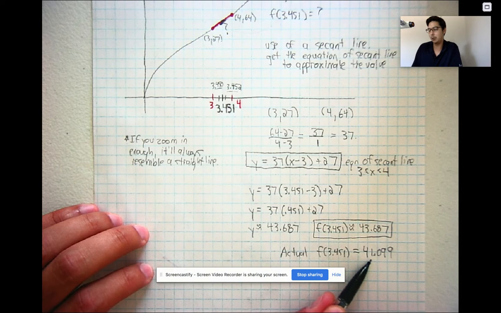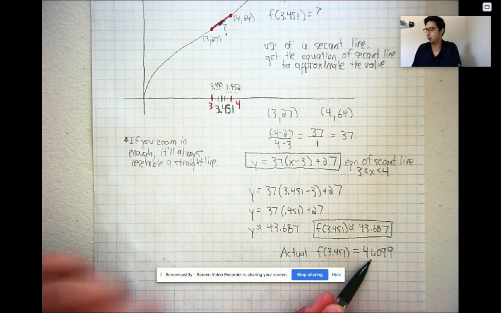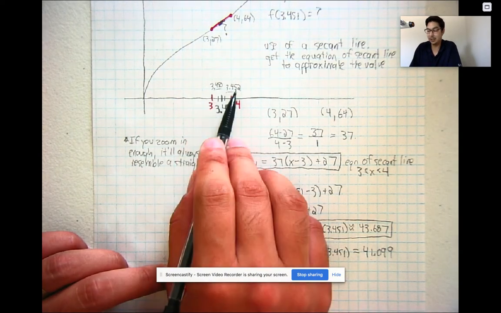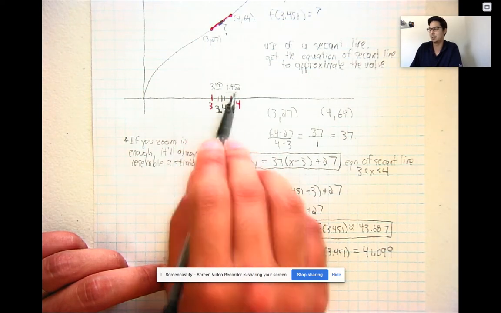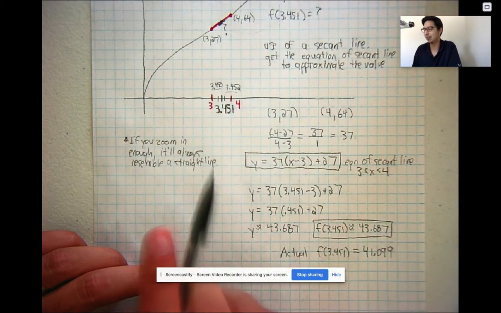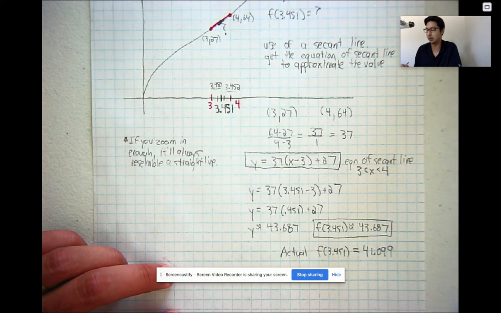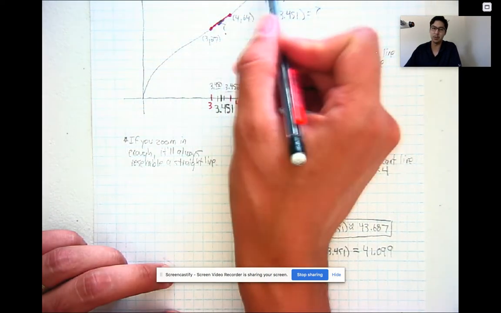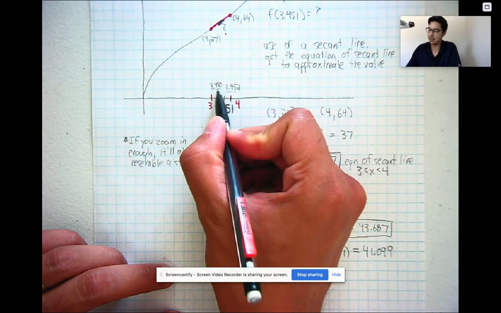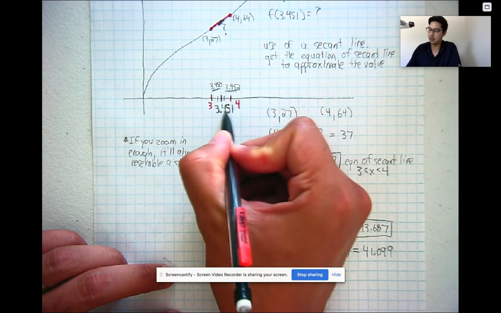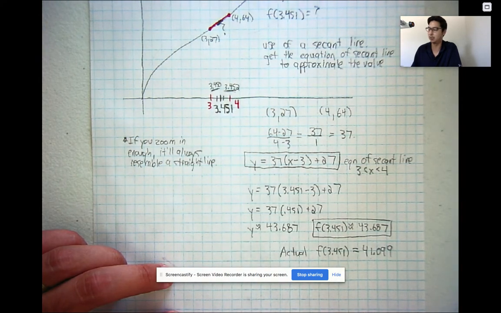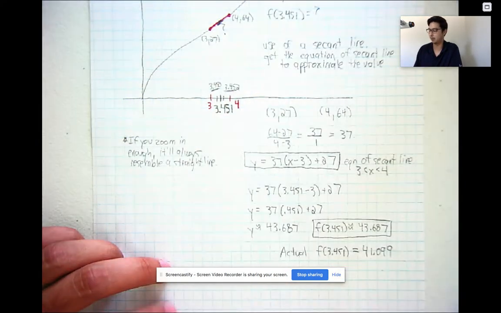But I was trying to show you more so where it also comes from history-wise, where they wouldn't have chosen these numbers in the past per se, because that's not any easier, in which they would have done 3 and 4 and got an approximate answer. But in today's world, the approach we can use is we can use local linearization to approximate points by picking points that are very close to the actual point we want, and then using a secant line to approximate the value.